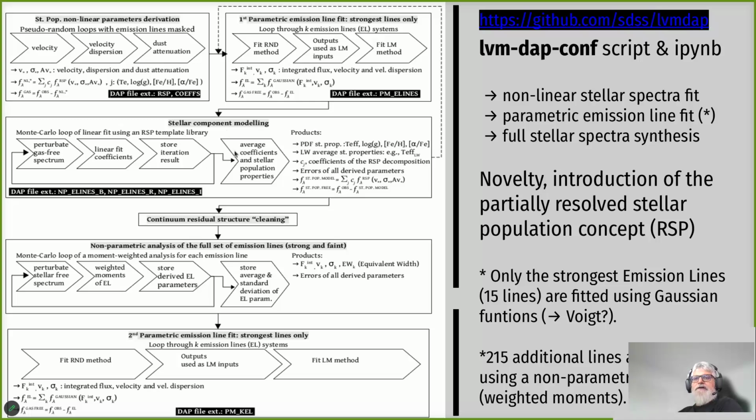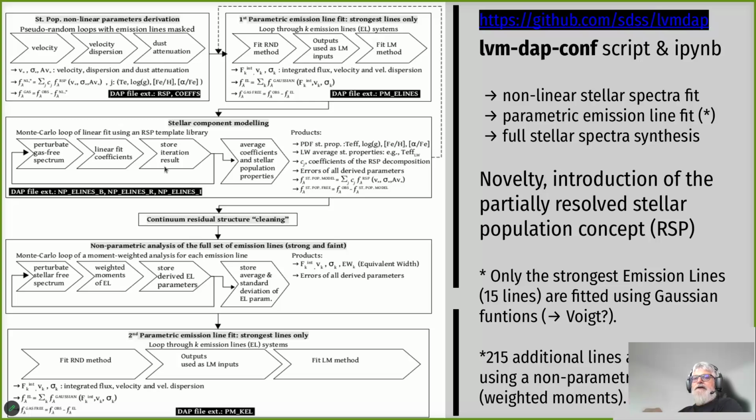From here, you fix the non-linear parameters, the velocity dispersion and the dust attenuation, and you apply these parameters to the templates, and you fit the model, and you recover the weights of each RCP, and those weights can be used to generate the PDFs.